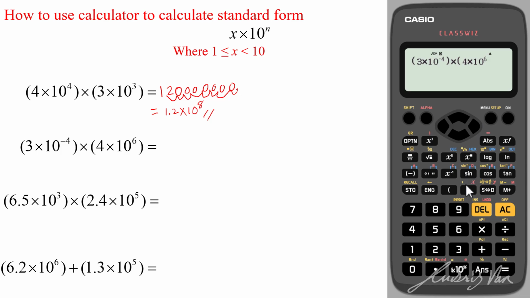Then remember to close bracket, and we'll get 1200. And to write it as standard form, we move the decimal 1, 2, 3. So it will be 1.2 times 10 to the power of 3.